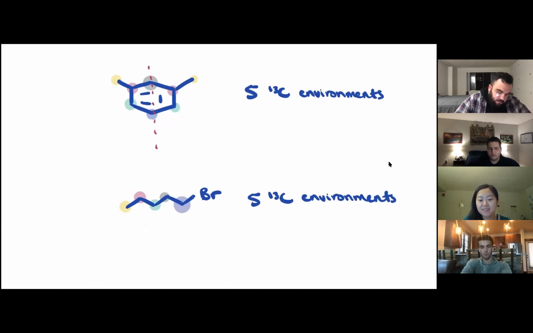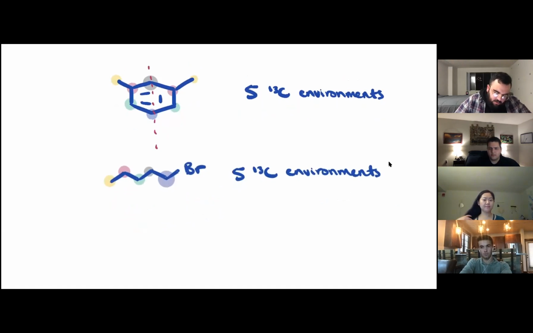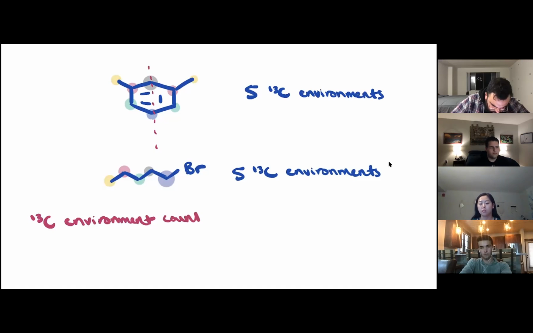Okay, so the big moral of the story that separates this from proton NMR: carbon environments count, whether or not they contain protons.